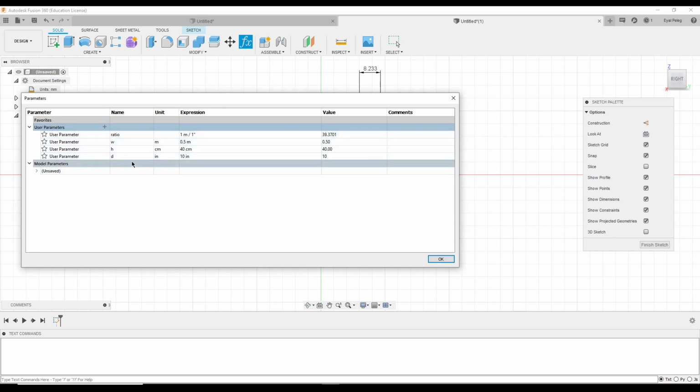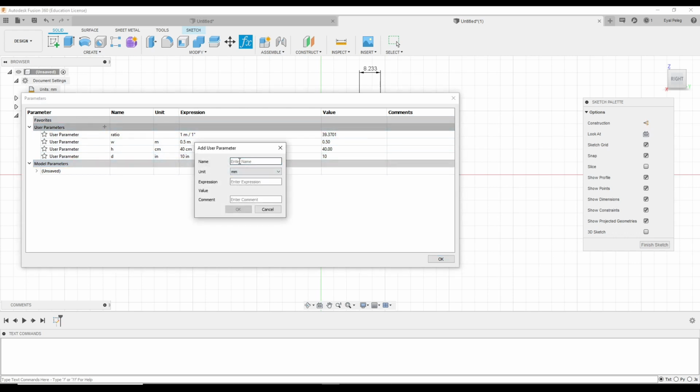Now, what would be the volume of this cube? Again, we can create a parameter for this. The volume is not a length unit. We have volume, liters, gallons, quarts, pints, cup.